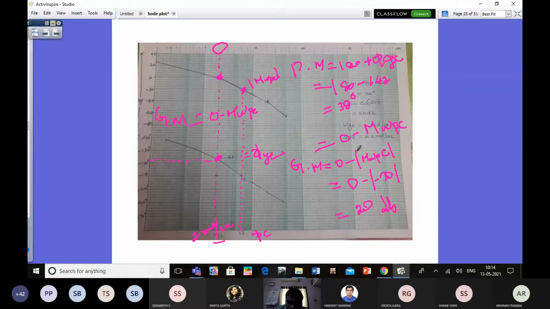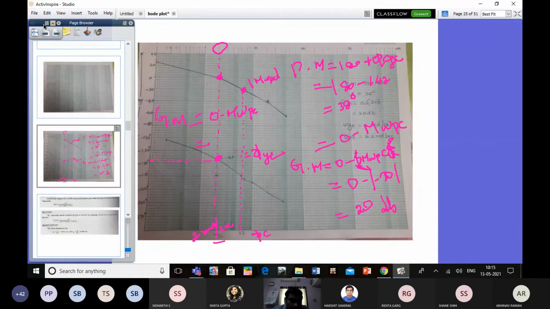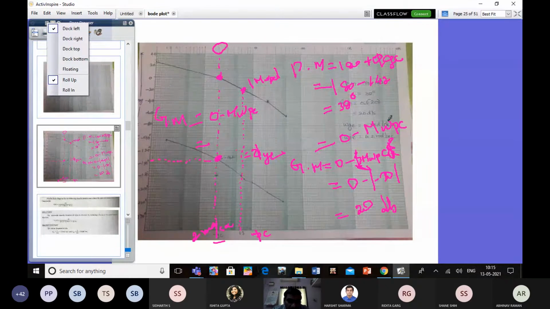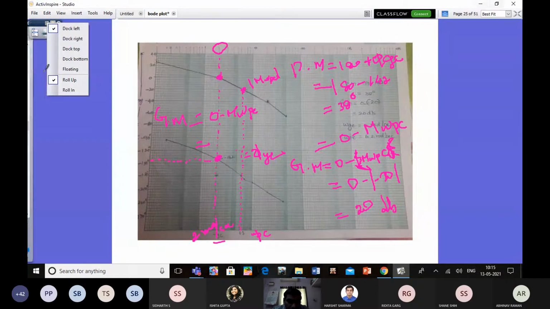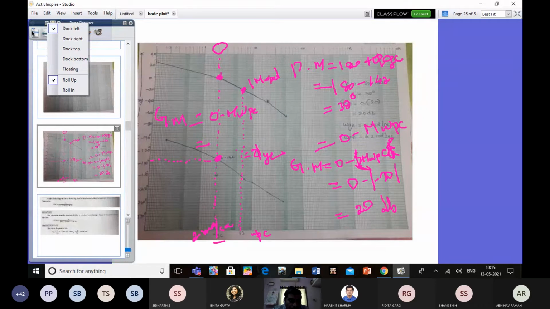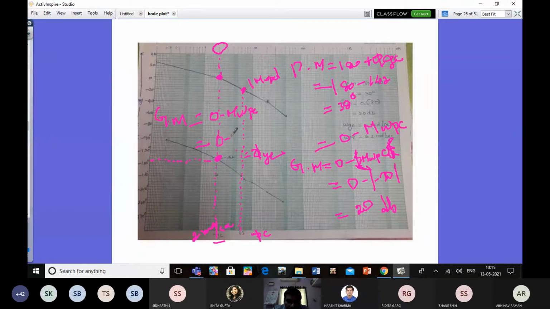I think here you are considering this thing, that's why you are getting confusion. What is the magnitude of omega PC? 20 dB. Plus 20 or minus 20? That minus 20 you can substitute: 0 minus of minus 20 dB.